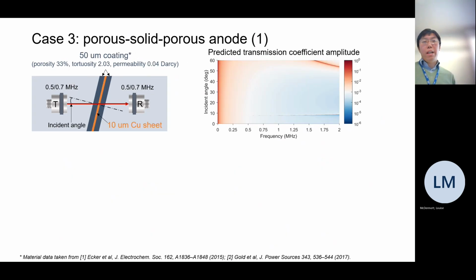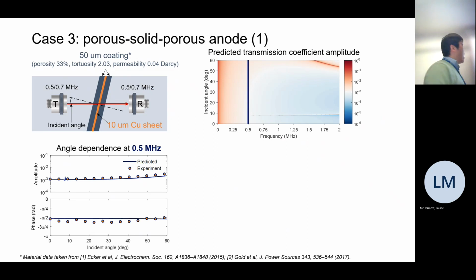And we can then do the combination of the three, and we have a porous-solid-porous anode. In this case, it's a 500 micron coating layer thickness, and the porosity and tortuosities were measured beforehand, so that we can predict how the air-coupled ultrasound is propagating through it. In this case, at the common frequency range of up to 2 megahertz, you don't actually see much change.